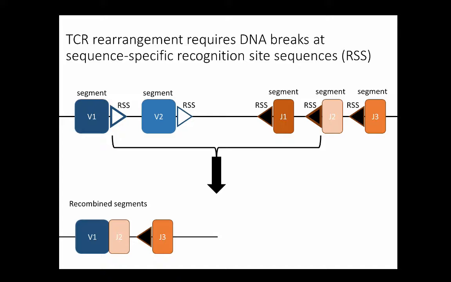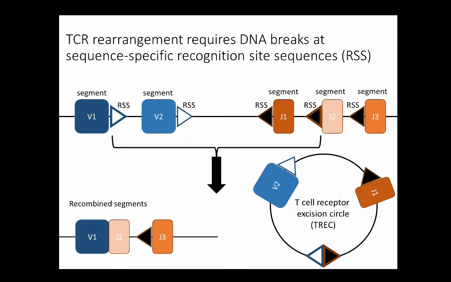This process requires the recognition of sequence-specific sites known as recognition site sequences, or RSS. These sites are brought together by the recombination machinery to join these segments, and in that process, remove the intervening sequence, circularize it, and form this T cell receptor excision circle, or TREC.